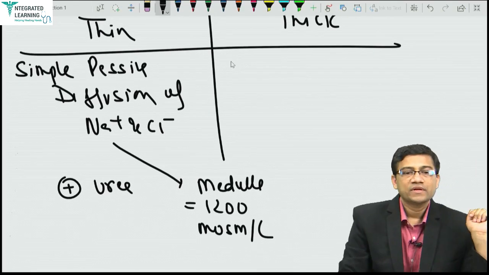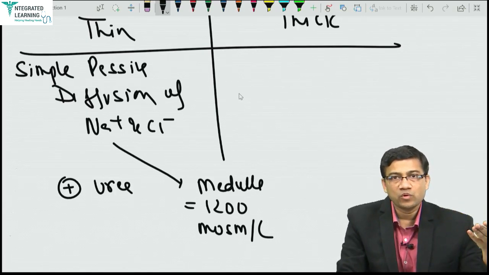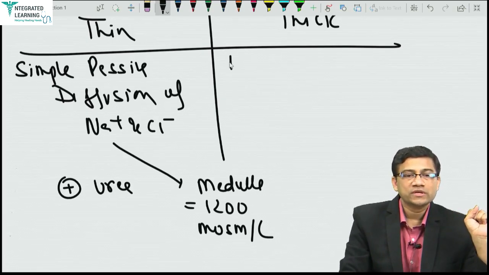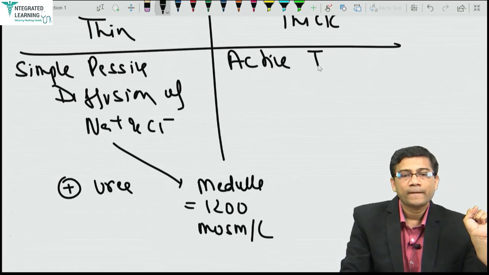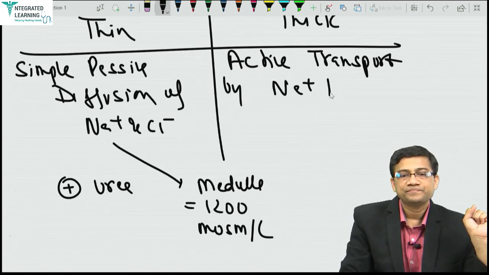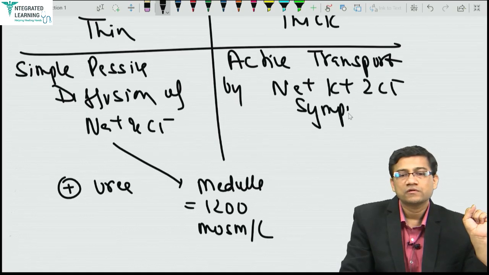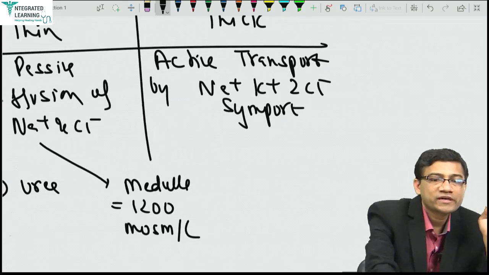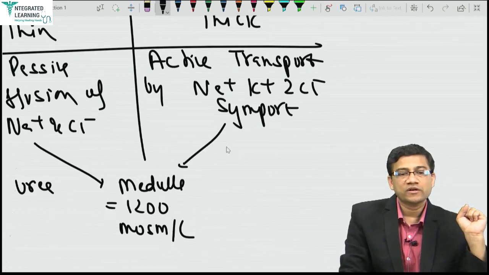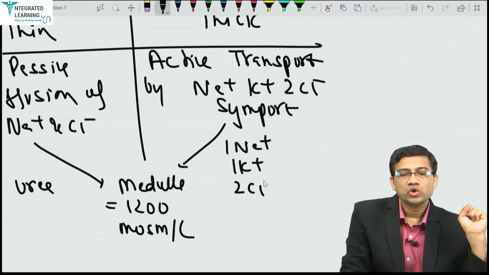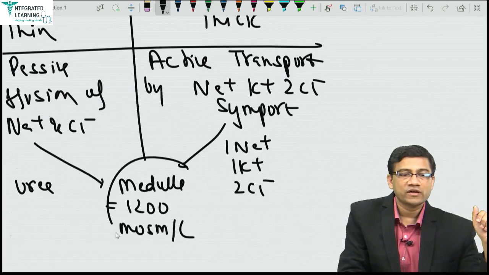Now thick. It is already becoming hypo, so it has to use energy. So it uses active transport, by the sodium, potassium, 2-chloride symport. It's a very big transport. It carries 4 ions. Again, it adds what? 1 sodium, 1 potassium, 2 chloride into the medulla, making the medulla again what?